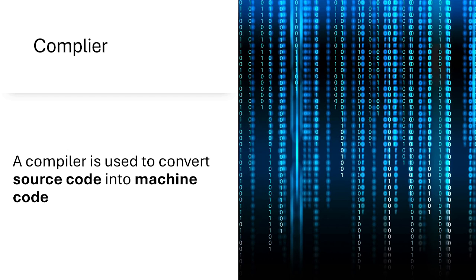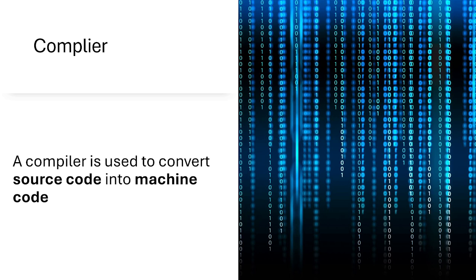I don't want to use too many terms to confuse you. So for now, we use a particular tool or set of tools to write programs, some developer tools, I'll leave it as that. We need to have something to convert that Pascal code into machine code or object code or binary. It's the same thing. And that tool is called a compiler.